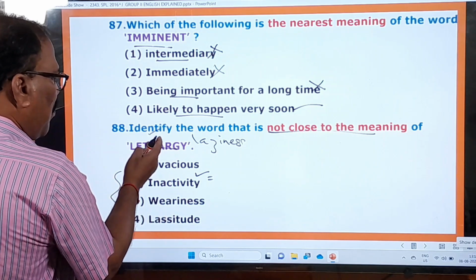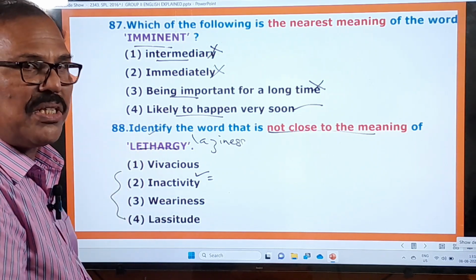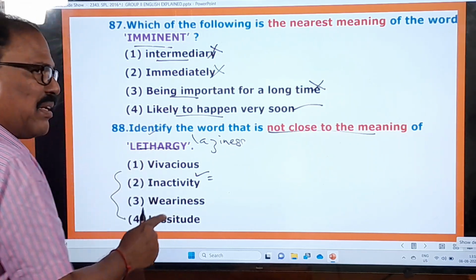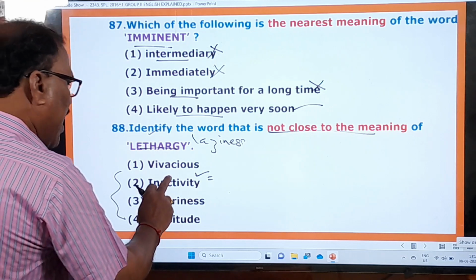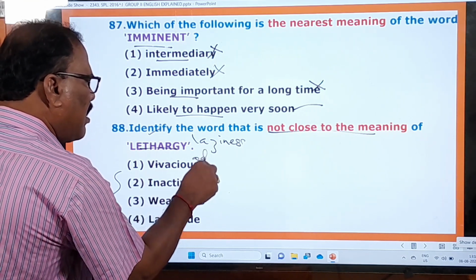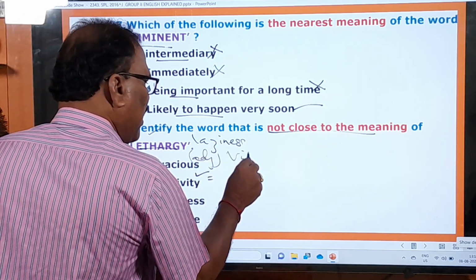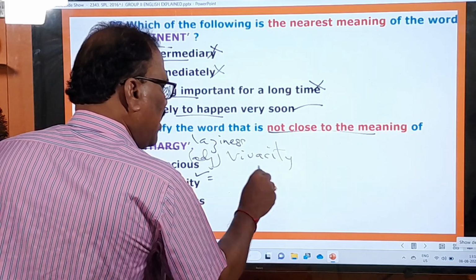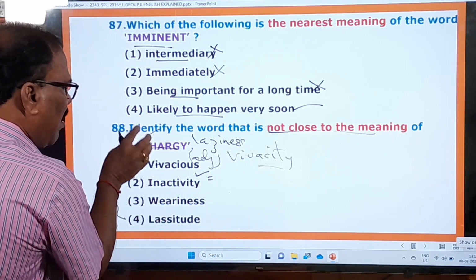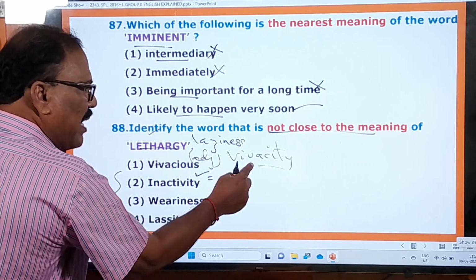Actually, the question is given in the form of an abstract noun. Lethargy is an abstract noun, right? And the words must also be given as abstract nouns. Inactivity, weariness, lassitude are all abstract nouns. This is an adjective. The question should not have been posed this way. It should have been vivacity.